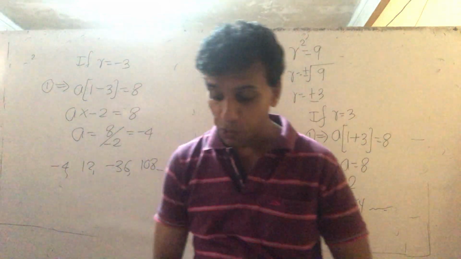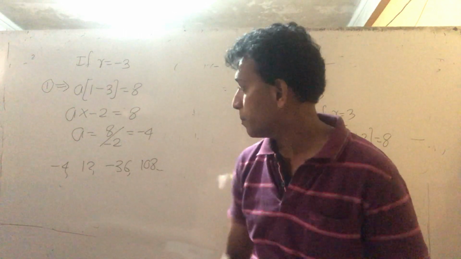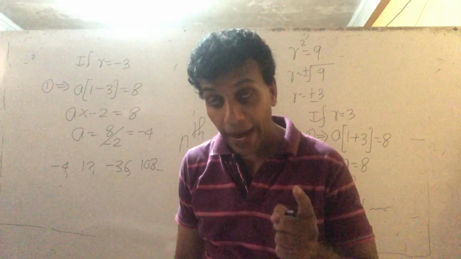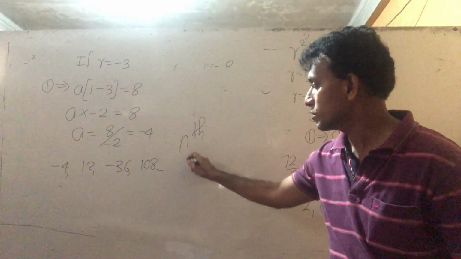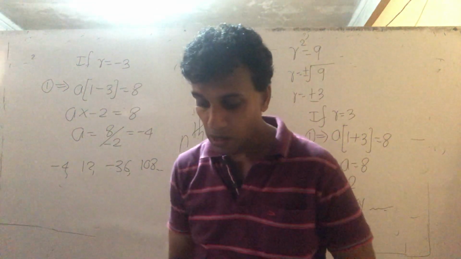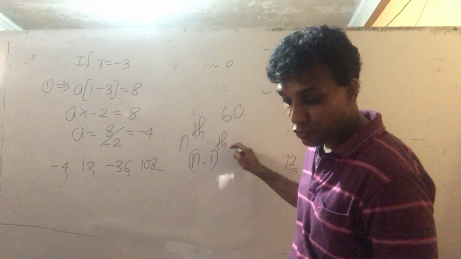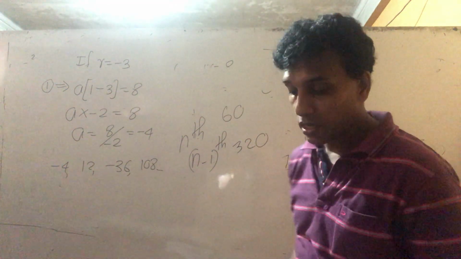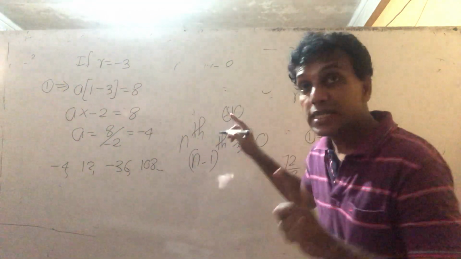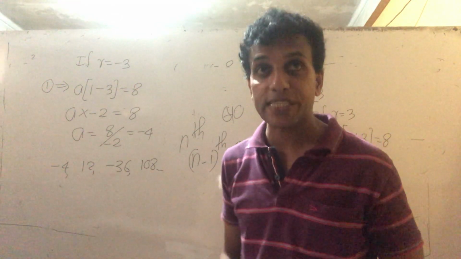In a GP, the nth term and the n minus 1th term are 640 and 320 respectively.